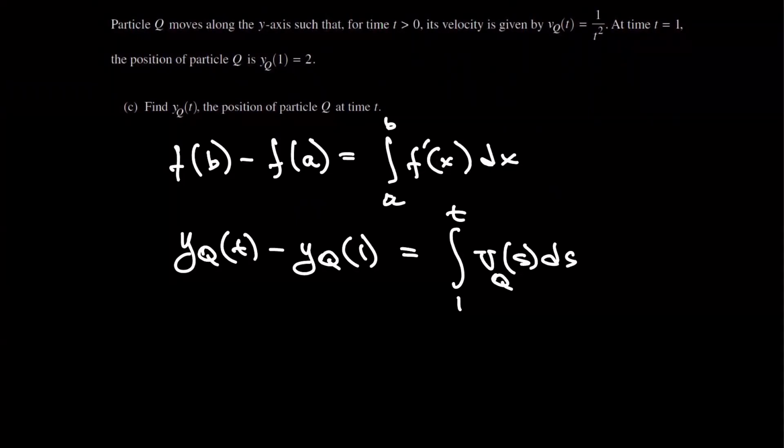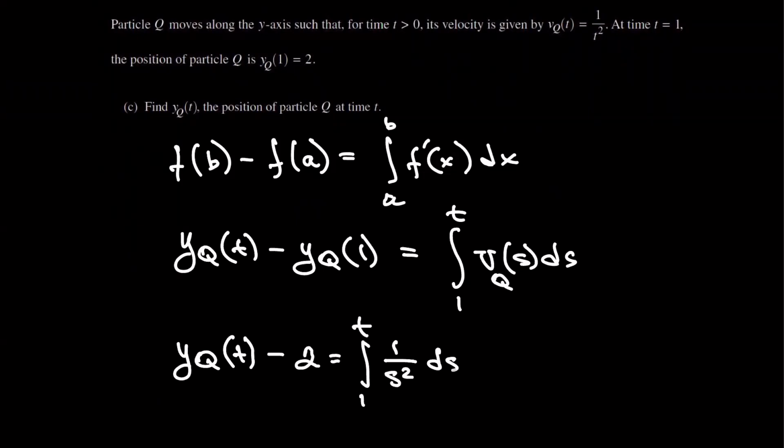We can plug in the values here. So y of t minus 2 equals the integral from 1 to t of 1 over s squared ds. This integral is equal to negative 1 over s evaluated at 1 and t.